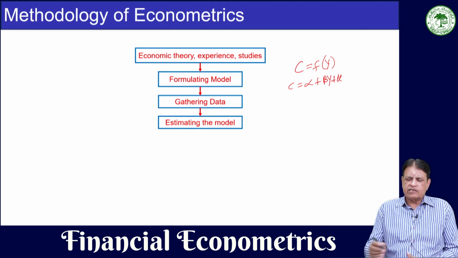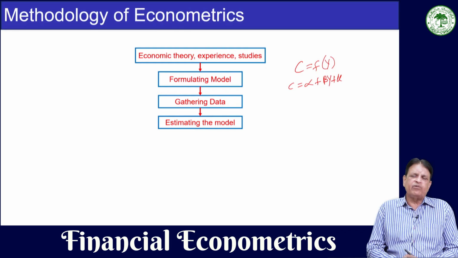That is, in this case, this is a single equation having only two variables. So we'll use the tools which are used to estimate this type of model, which is a single equation having only two variables. We call this the two variable linear model. Or we have a multiple linear regression model, and then we use the tool accordingly.